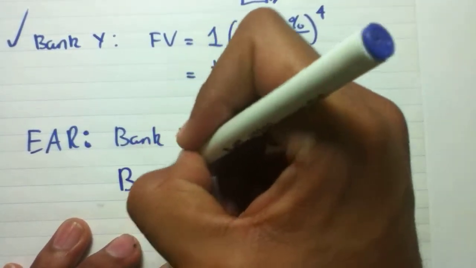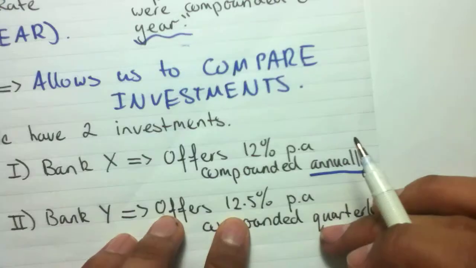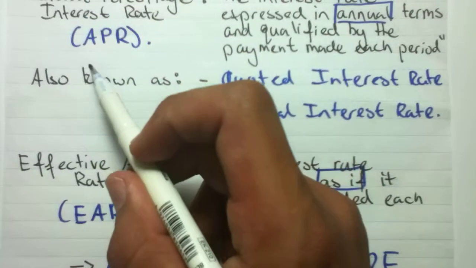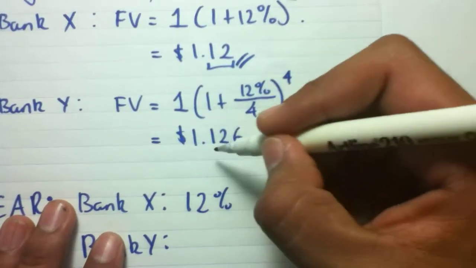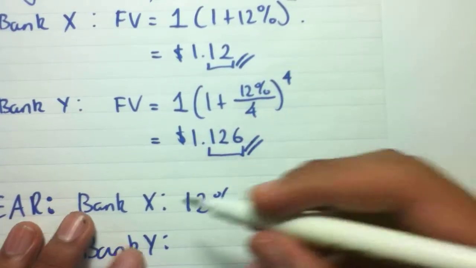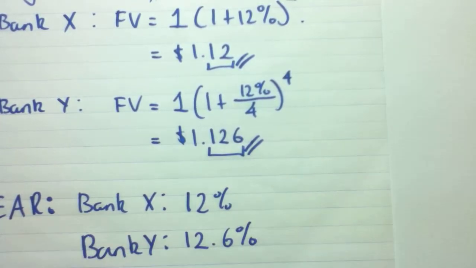But Bank Y, right? Bank Y offered an interest rate of 12.5% per annum. This was the APR. Okay, but what's the EAR? Well, you can get the EAR straight from here. Okay, it's actually 12.6%.